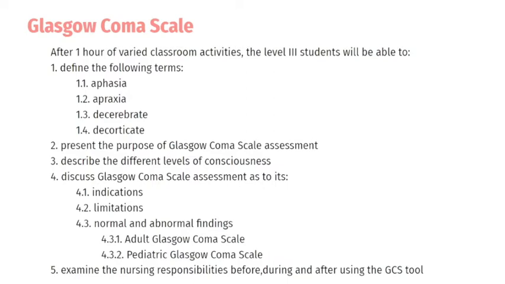For CLO number 4, discuss the Glasgow Coma Scale assessment as to its 4.1 indication, 4.2 limitation, 4.3 normal and abnormal findings, 4.3.1 the adult Glasgow Coma Scale, 4.3.2 the pediatric Glasgow Coma Scale, and lastly CLO number 5, examine the nursing responsibilities before, during, and after using the GCS tool.